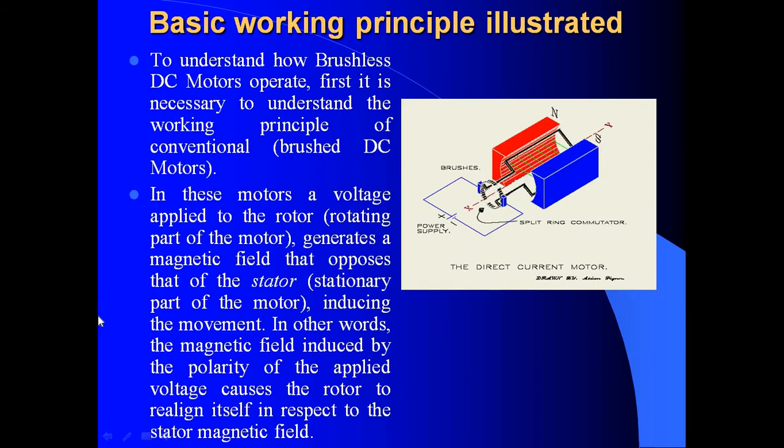Basic working principle illustrated. To understand how a brushless DC motor operates, first it is necessary to understand the working principle of conventional brushed DC motors. In these motors, voltage applied to the rotating part of the motor generates a magnetic field that opposes the stationary part of the motor, inducing the movement.